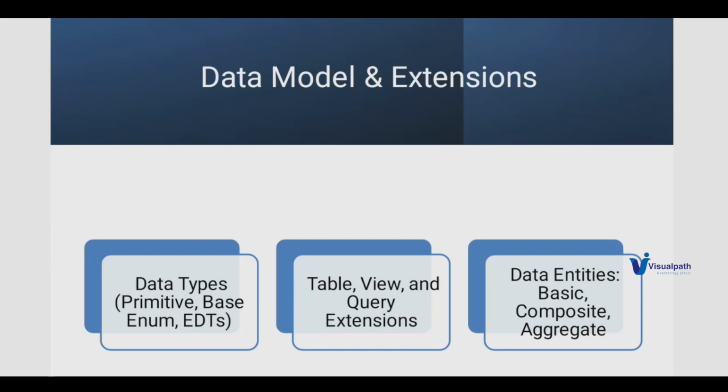EDTs will always have one or another primitive data type only at the end of the day. But EDT will have the string type, and it will also have the number of characters this string has. Also, the other properties like the label of this string, the name, and whether it is allowed to edit or not. All these things will be already set into the EDT.